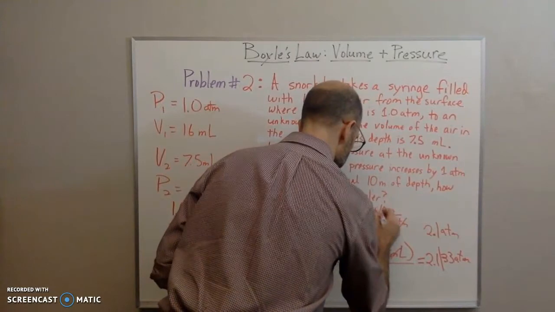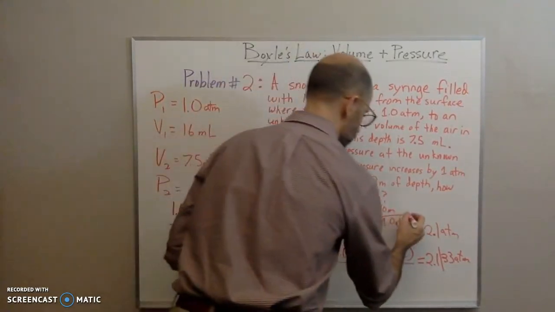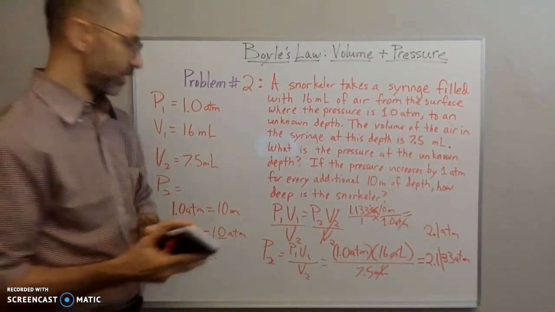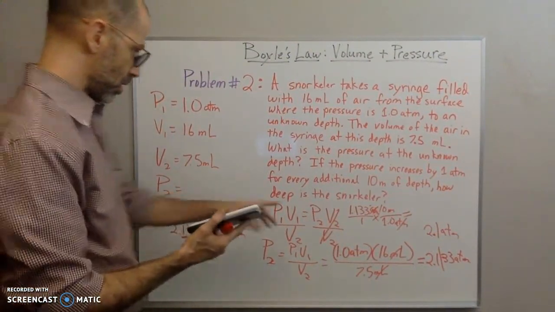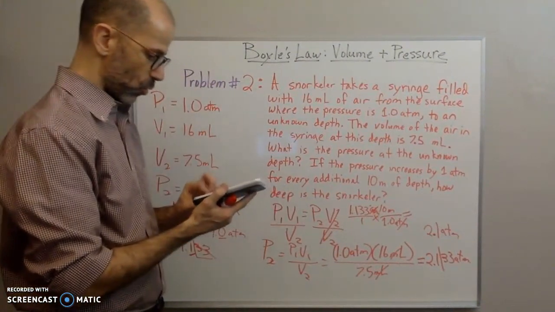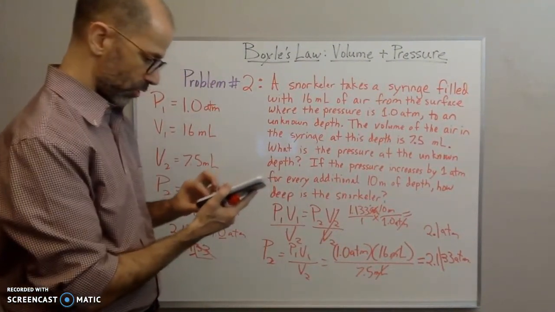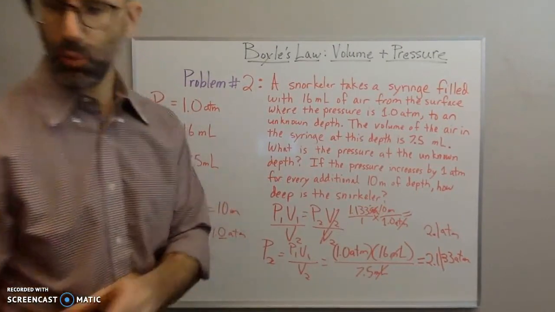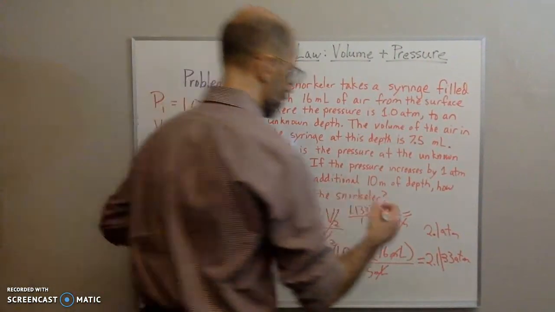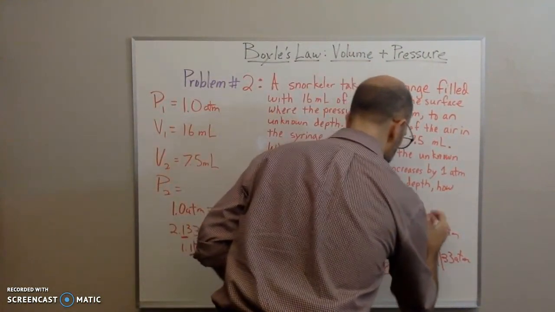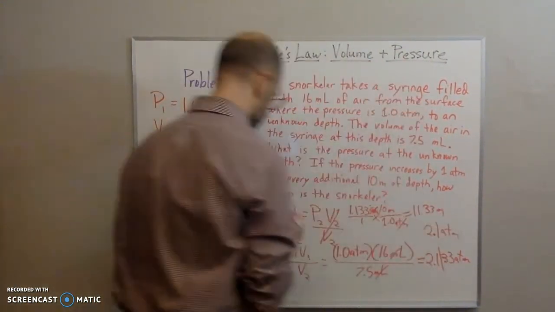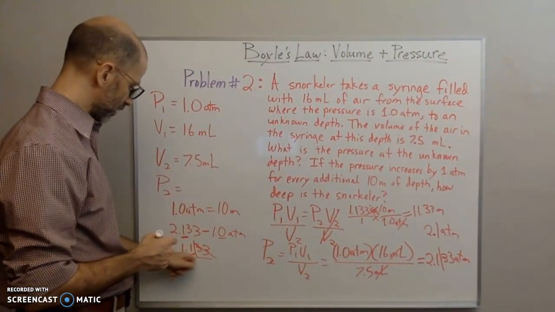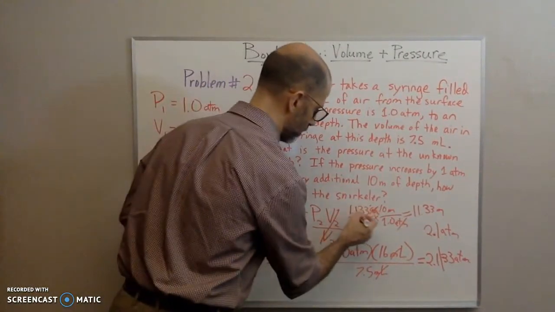Atmospheres cancel out. Now I have meters. So now all I need to do is multiply 1.133 times 10 equals, and I get 11.33 meters.